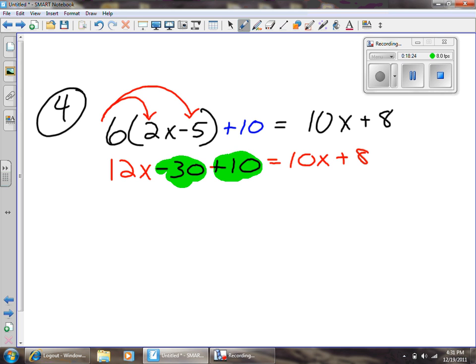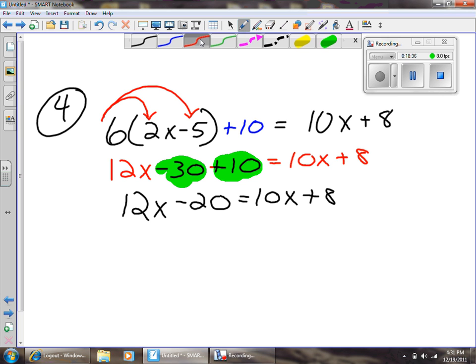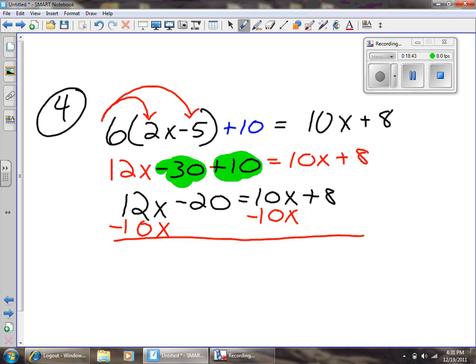I will combine my like terms to get 12x minus 20, which equal 10x plus 8. I don't like the fact that there are x's on both sides of the equation, so I will take one of the x groups away. Remember, it is often easier to subtract the smaller x.